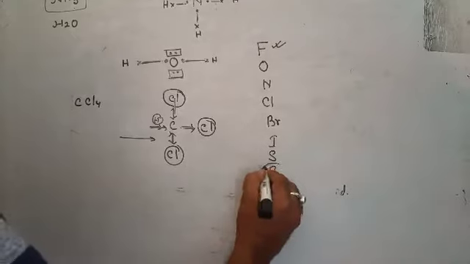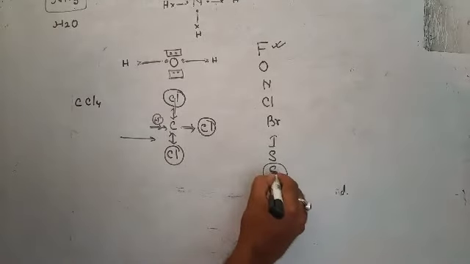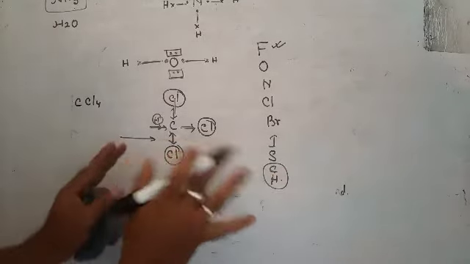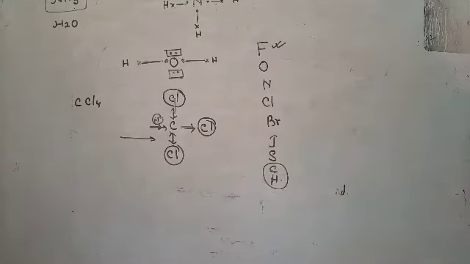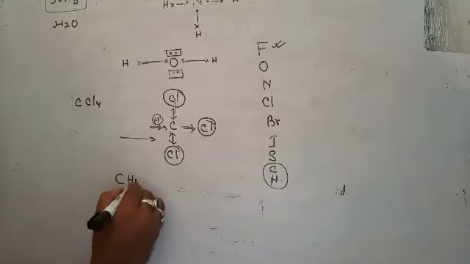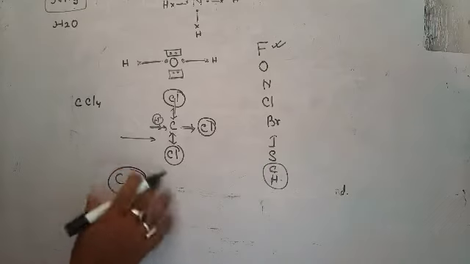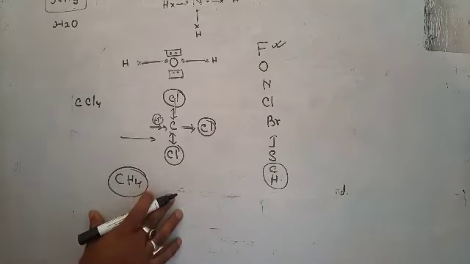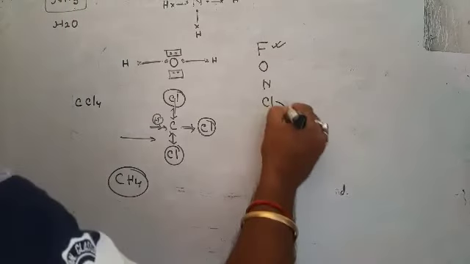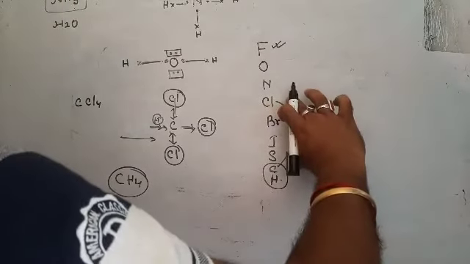If you consider carbon and hydrogen, the difference is negligible. That's why CH4 is non-polar in nature. But if you consider CCl, there is a very big difference between them.